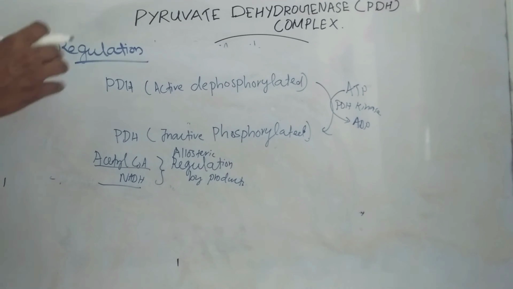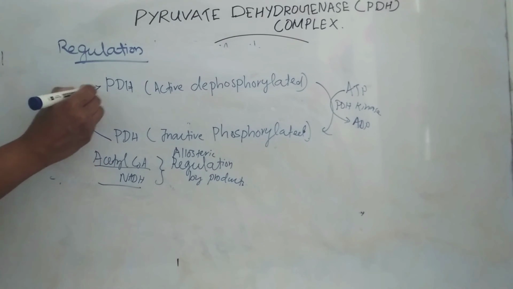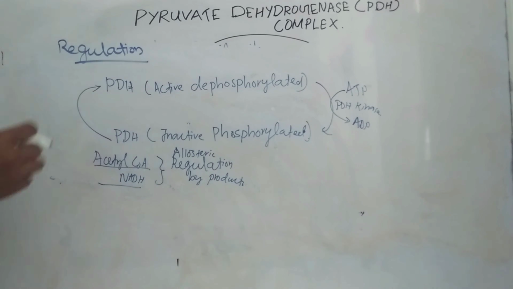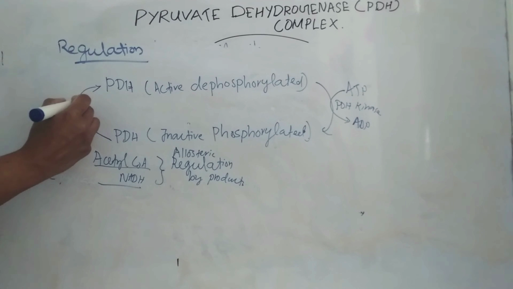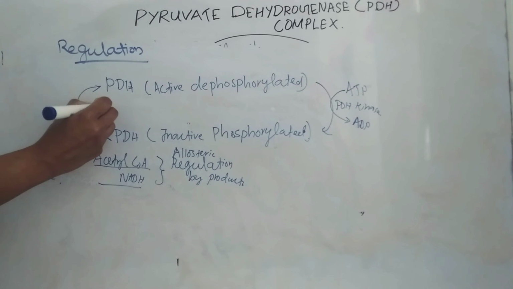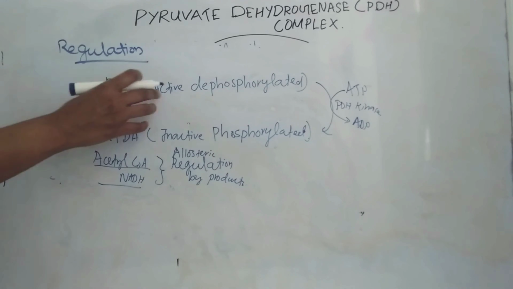Then there is another enzyme known as PDH phosphatase. This PDH phosphatase converts the inactive form to the active form by dephosphorylation.